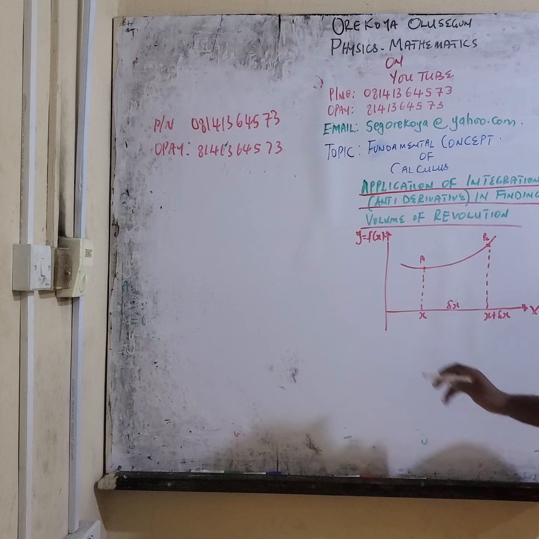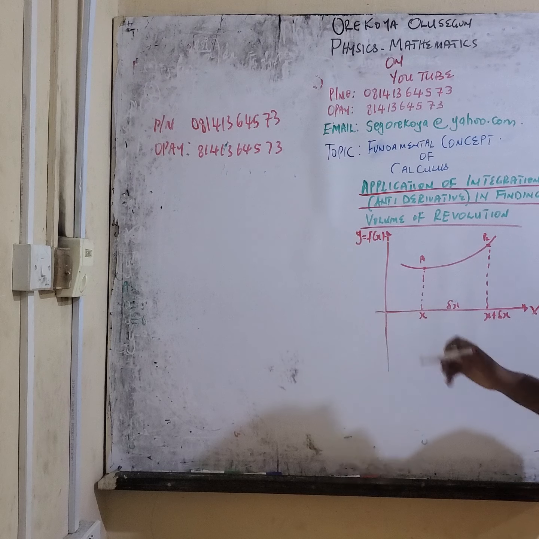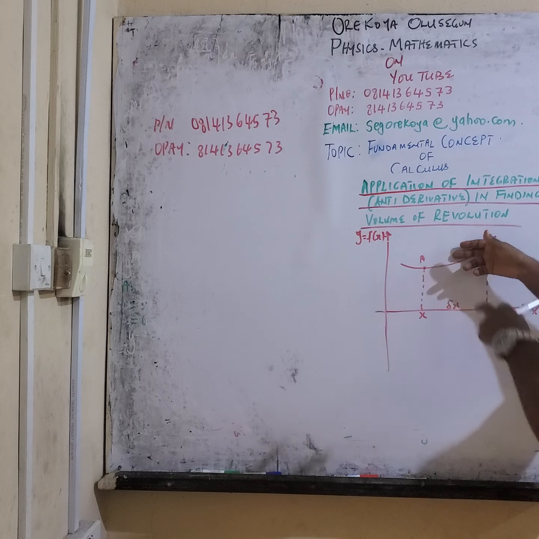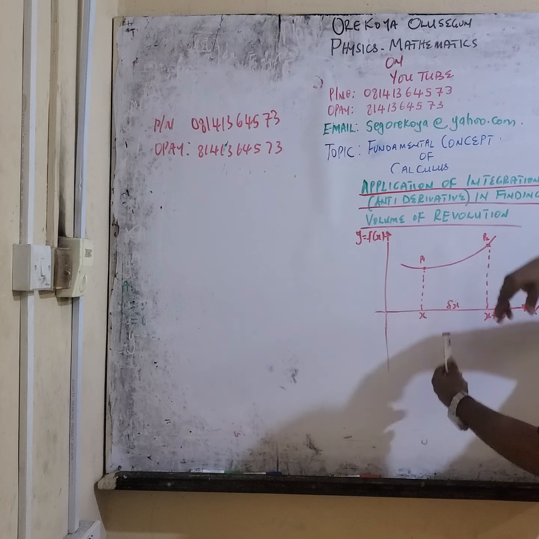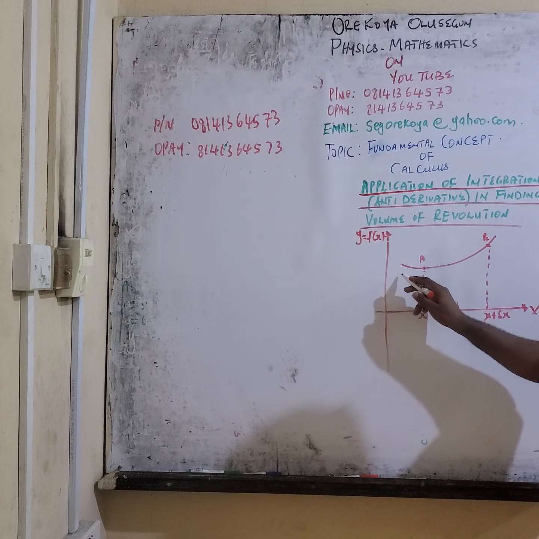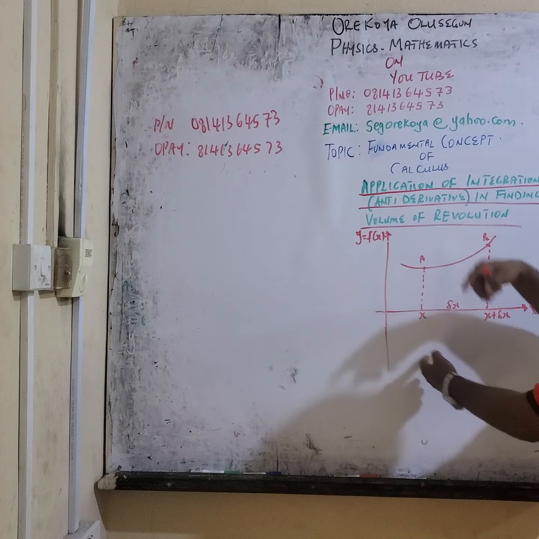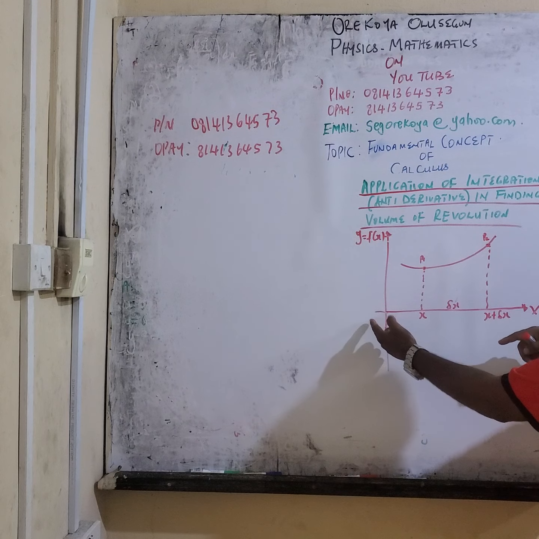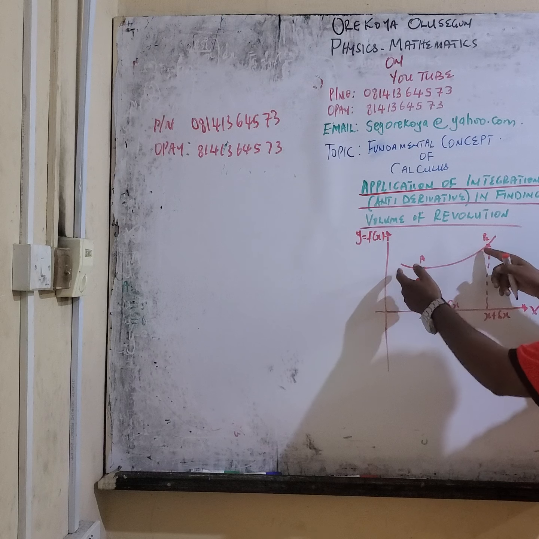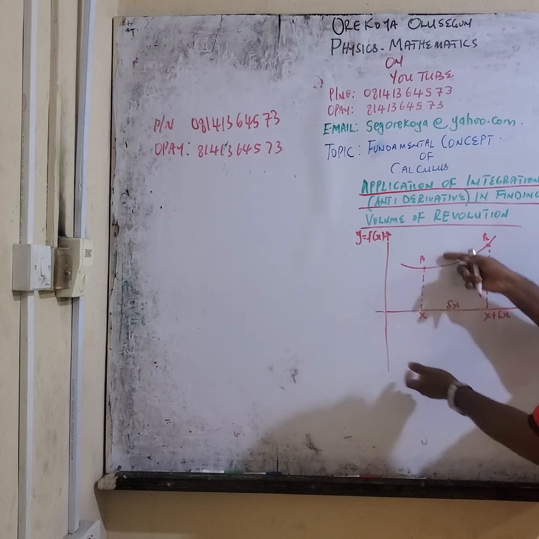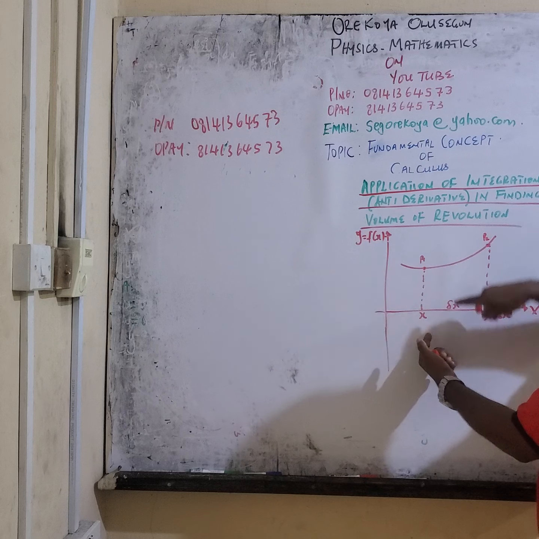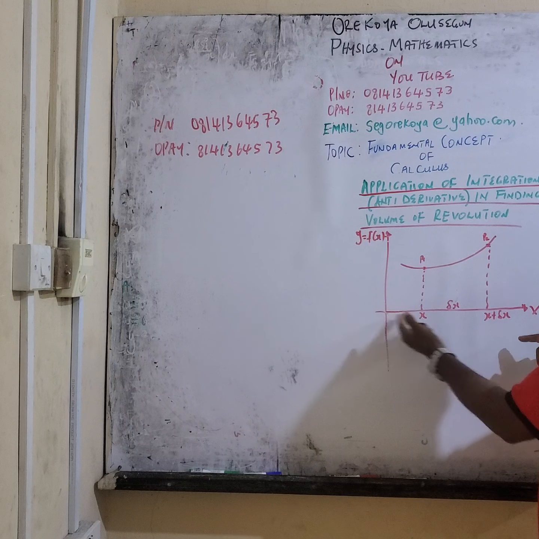Now if I revolve this graph 360 degrees along the x-axis, the x-axis will be centralized within the volume generated by this curve.